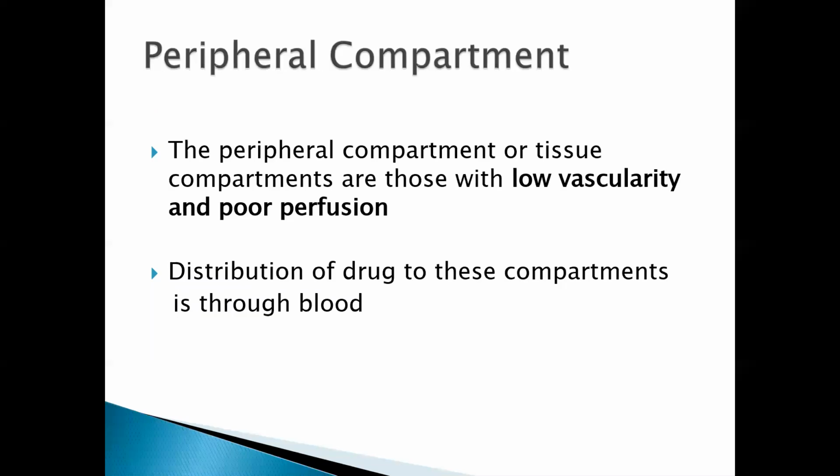There is the peripheral compartment, which is of the poorly perfused tissues like the bones and adipose tissue, where the blood flow is poor. Those tissues make up the peripheral compartment. Distribution of drug to these compartments is through the blood.